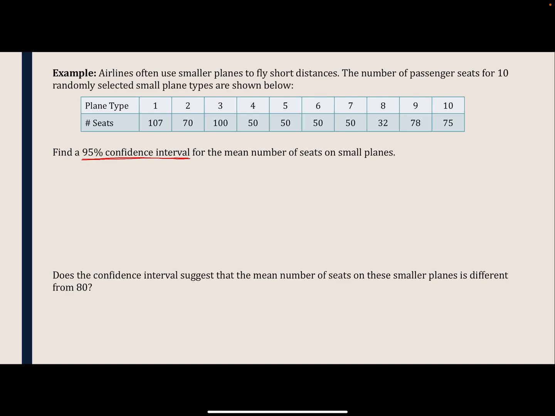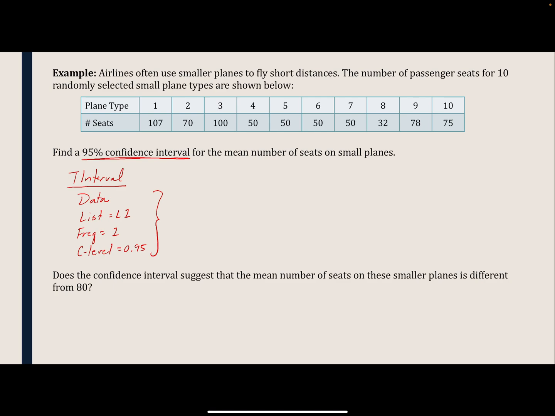So when we want to find a confidence interval for this, we're going to use t-interval. We already have the data entered. So again, we're choosing data, and there really shouldn't be anything that you have to change here. Your list is L1, the frequency is 1, and then the C level is 95.